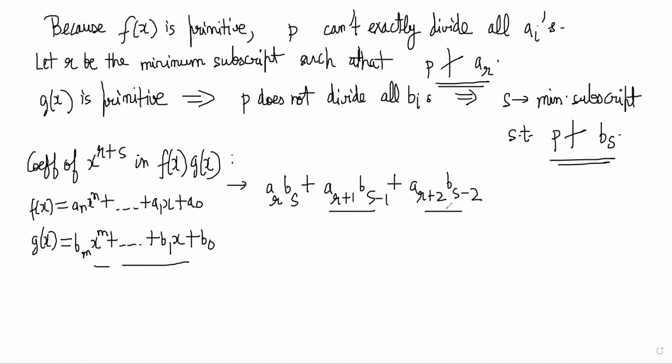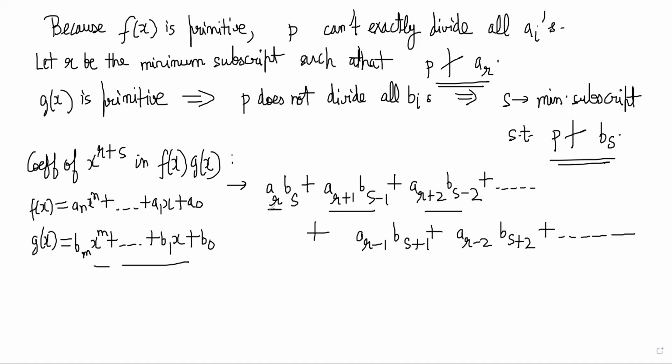All of these will give x power r plus s terms, right? So on, till we can say a_{r-1} b_{s+1}, right? Plus a_{r-2} b_{s+2}, and so on. Think about it.